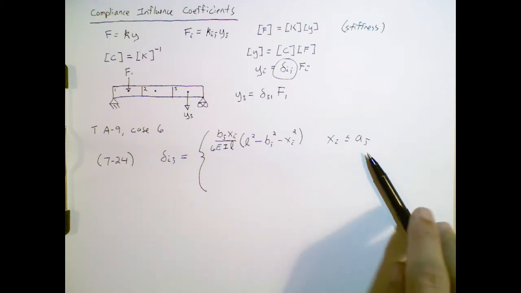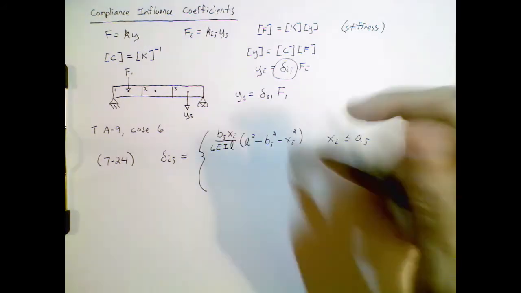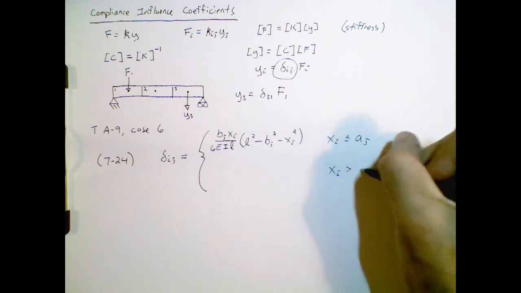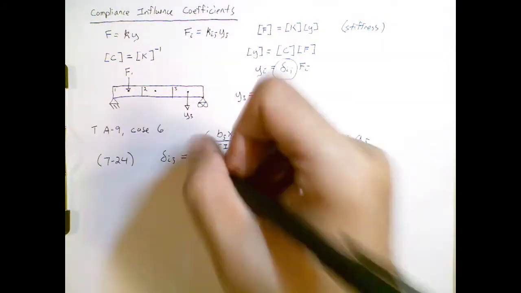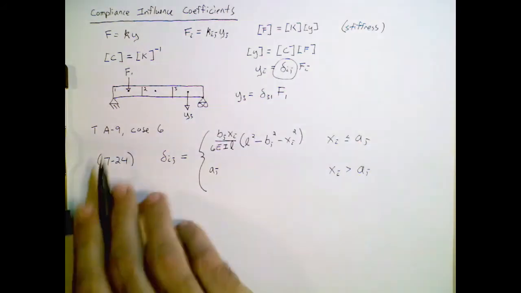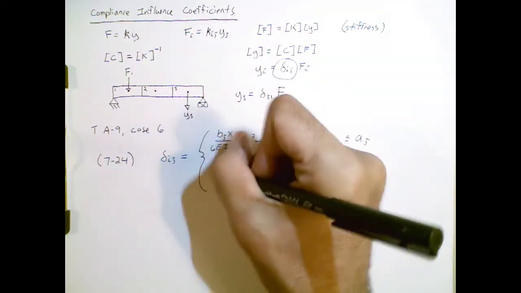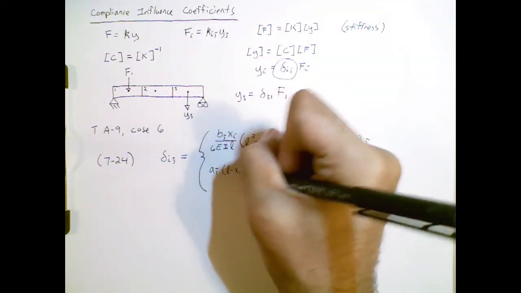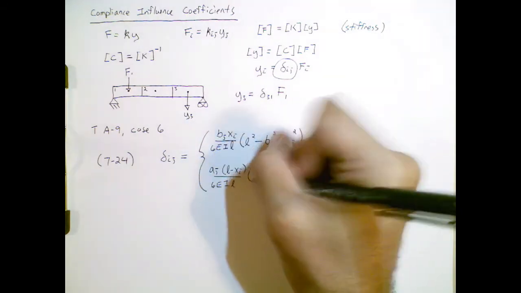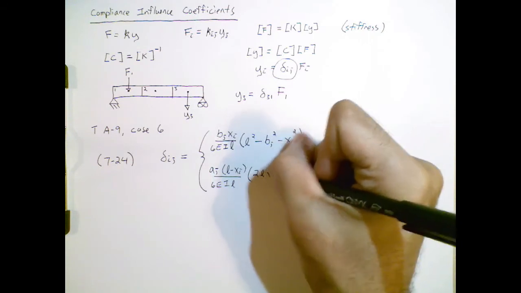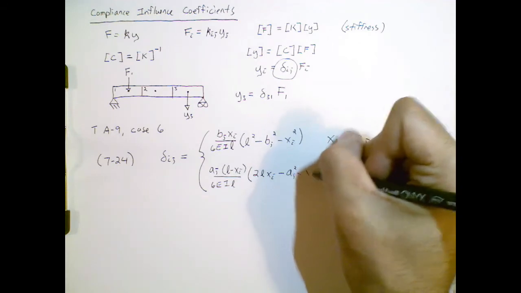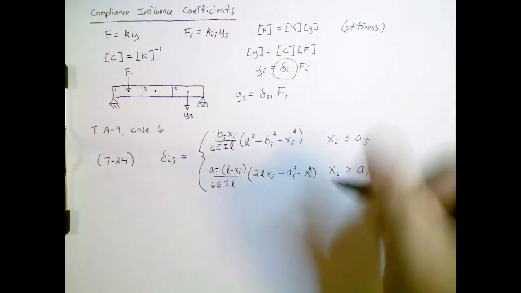So what if the displacement we're interested in is on the right-hand side, or in other words, xi is greater than aj? Then the formula, based on the beam formulas from the appendix, is going to be equal to aj times L minus xi over 6 EIL times 2L xi minus aj squared minus xi squared.